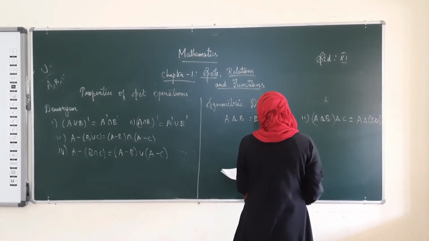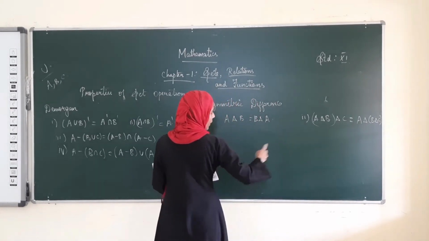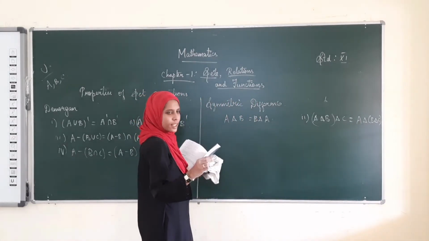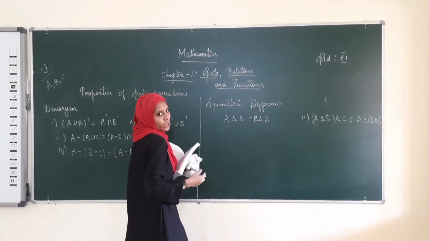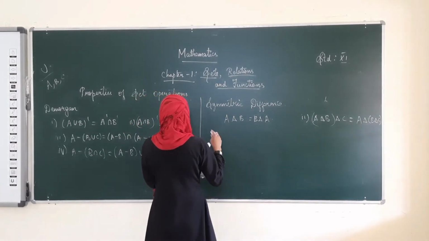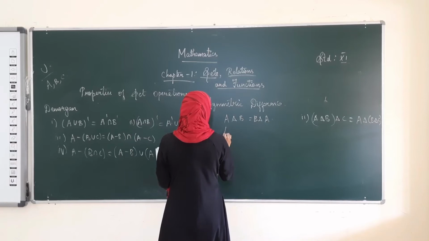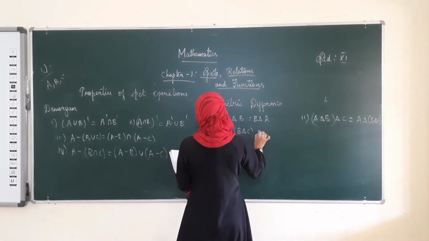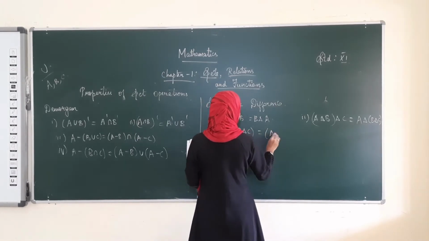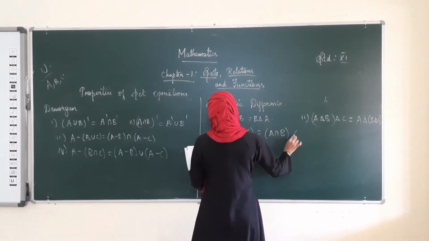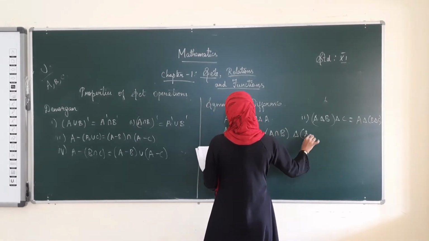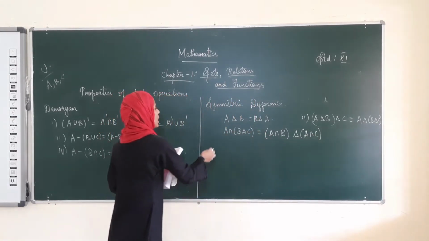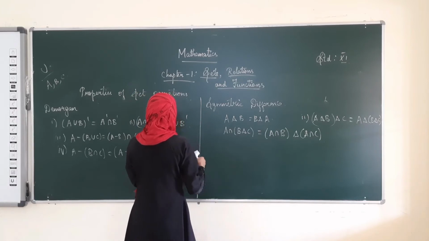Okay, this is the associative law. Associative law, we say it with union and intersection. Here they have given it using symmetric difference. And the third one is A intersection (B del C) will be equal to (A intersection B) del (A intersection C). This is the distributive law. Using distributive law, they have written this property.